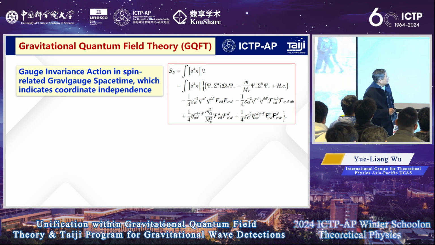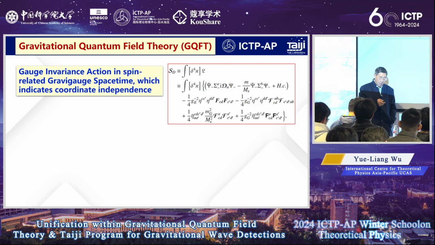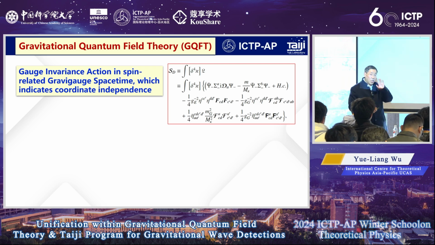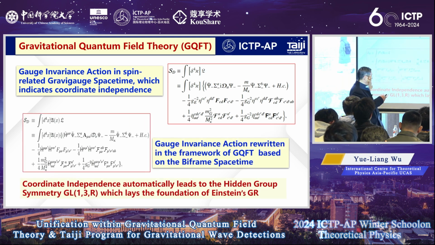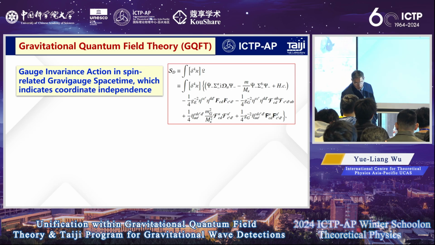This term gives the mass of the spin gauge bosons. This term eventually gives the gravitational interaction. But I have presented them in the spin-related spacetime, not in the coordinate spacetime. So in general, it's coordinate independent. But you can project it to the coordinate spacetime by using this graphic gauge field I mentioned.